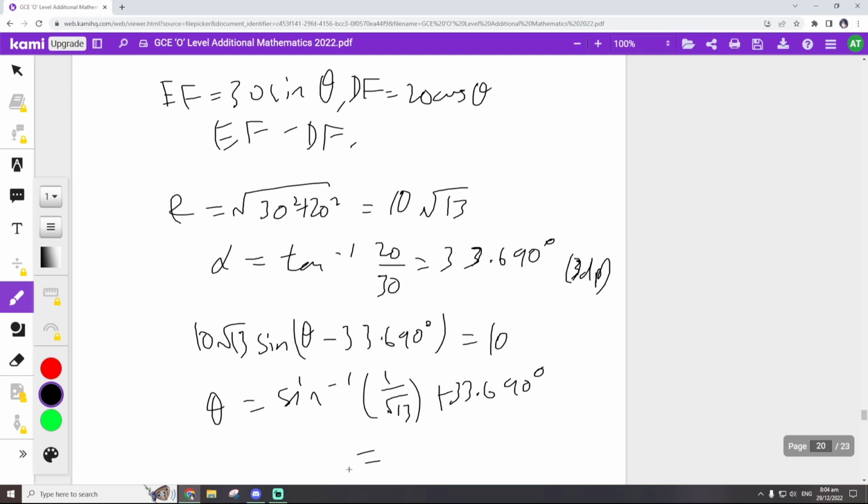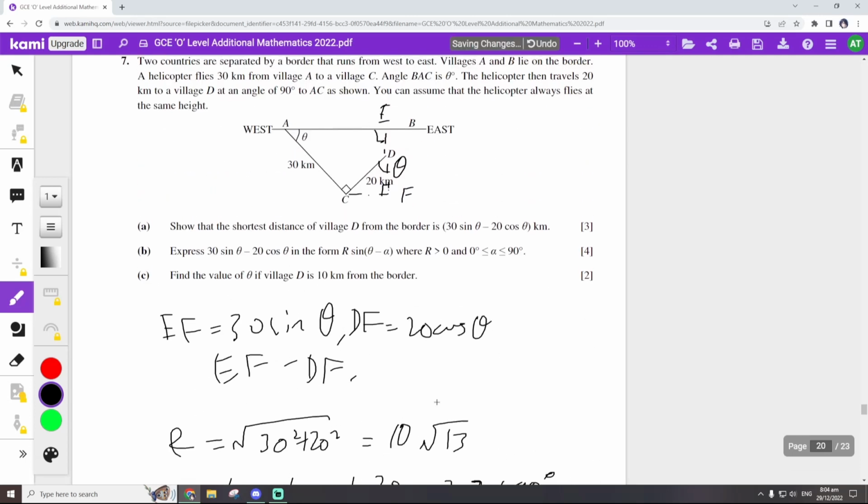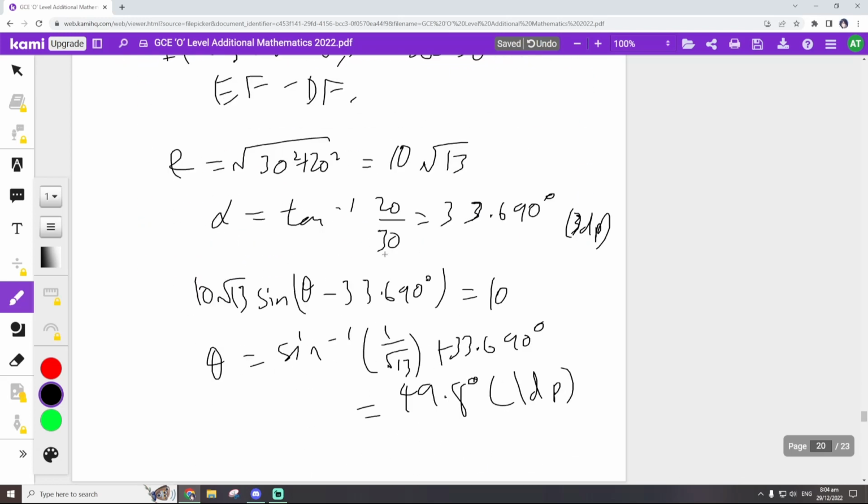And you can figure out what this is. You'll get 49.8 degrees, sorry, 1 dp. Okay? Yeah. So that will be the value of theta if D is 10 km from the border.